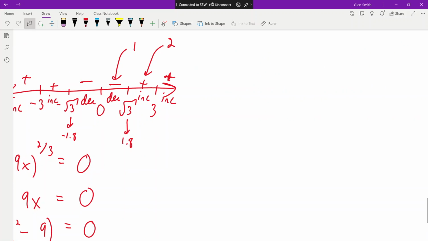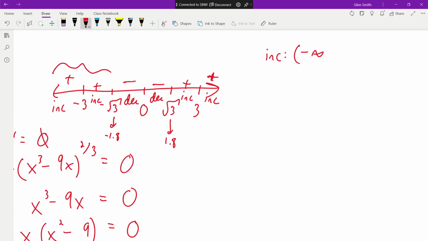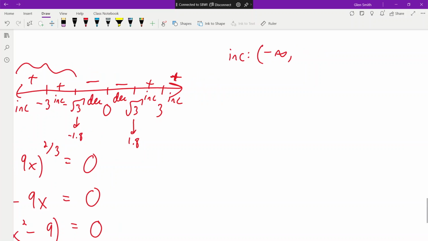But we're going to write it like this. We are increasing, even though both of these are positive together, you wouldn't say we're increasing from negative infinity to negative root 3. You wouldn't count that. Well, the Delta Math might, which is weird. If negative 3 is on the interval, you skip over it. So we're increasing from negative infinity to negative 3, and then from negative 3 to negative root 3.